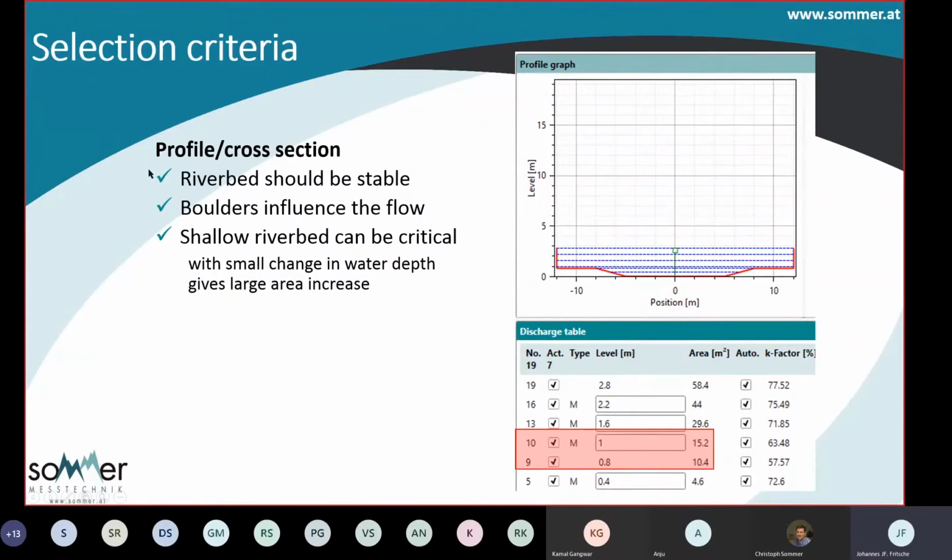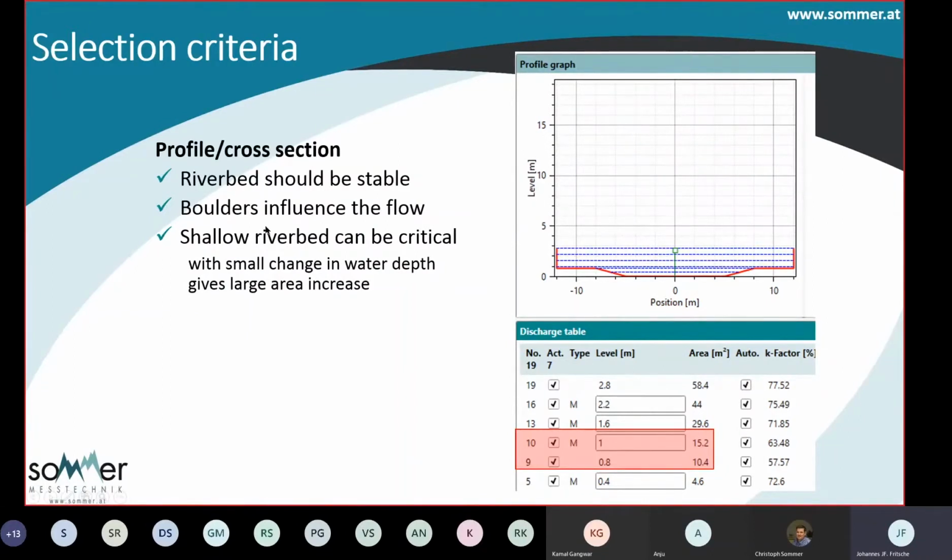So it should not change the cross-section within this spot. And it should be firm enough that it doesn't get affected by erosion or deposition of rocks on the way. And it should be free of big boulders, if that is possible, or any other obstacles.